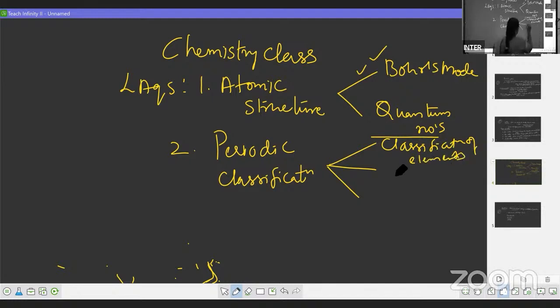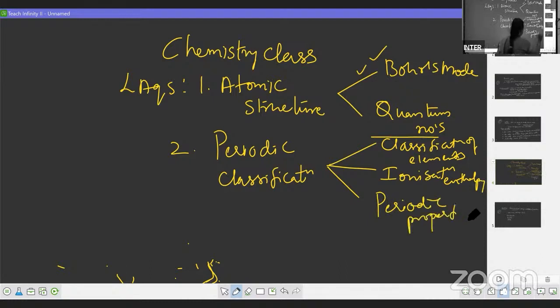The second one is ionization enthalpy and factors. Then the third one is periodic properties. In the March paper, they have given ionization enthalpy. So here, chances of getting the first one and third one are more.